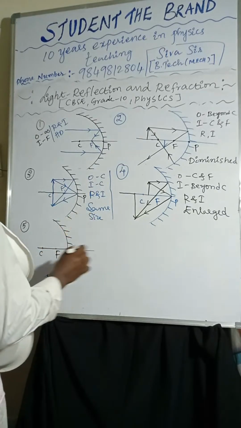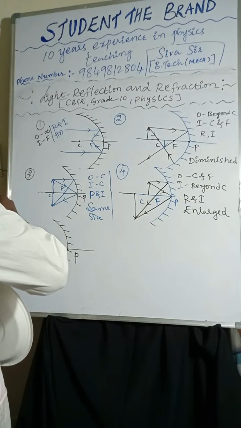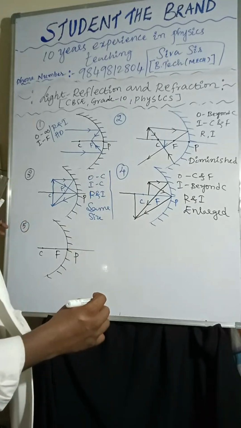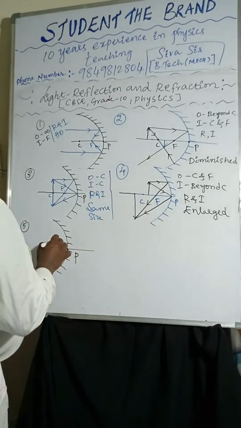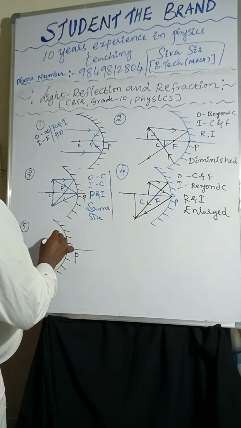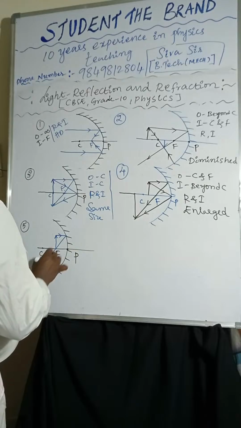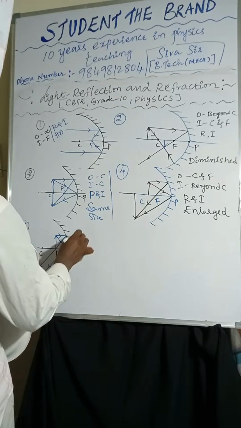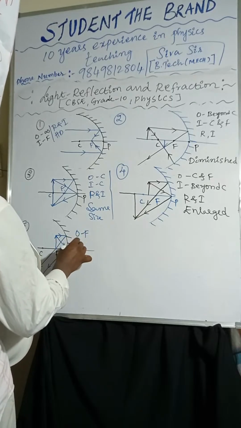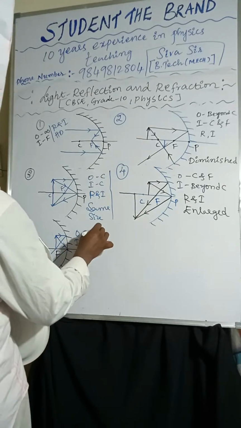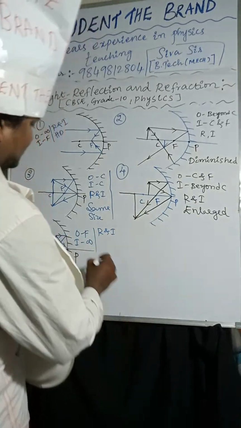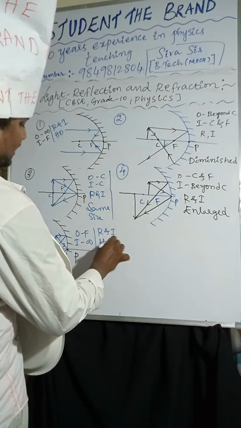The object is placed at F. One light I am taking like this, passes through the focus. Another light incident at the pole reflects back. So the object is at F, the image will form at infinity. The nature of the image is real and inverted. The size of the image is highly enlarged.